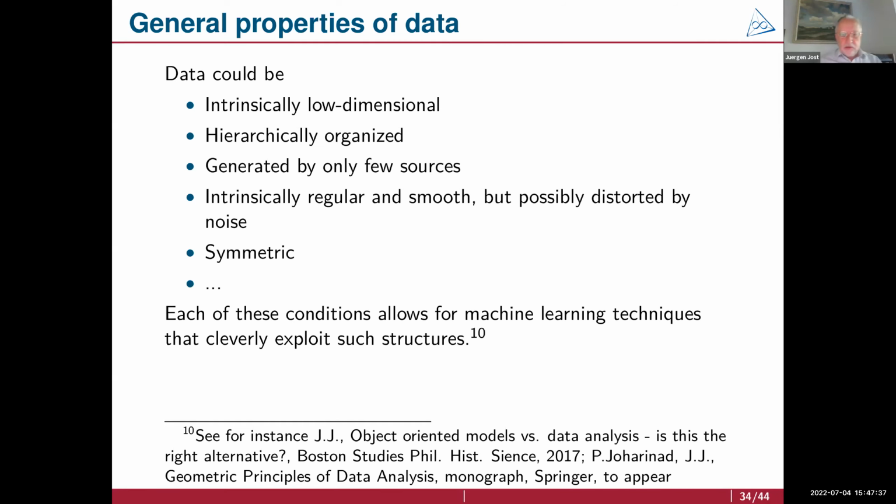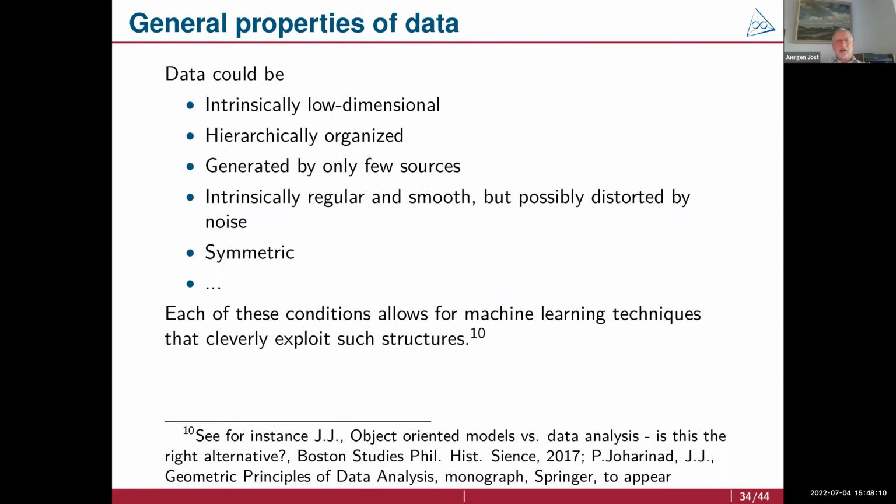Okay, let me then conclude by some general remarks. When, as a mathematician, you're confronted with data, then nowadays you are typically confronted with data where the person who generated the data doesn't really understand the meaning of the data, because in contrast to what I showed you in the beginning, these evolutionary models or the phylogenetic trees or the biochemical reaction networks, you typically no longer have a good model.